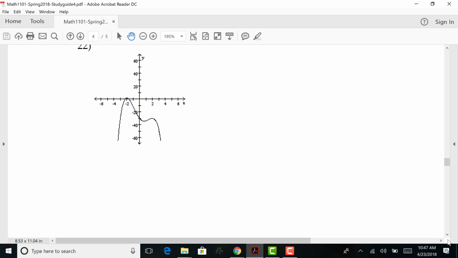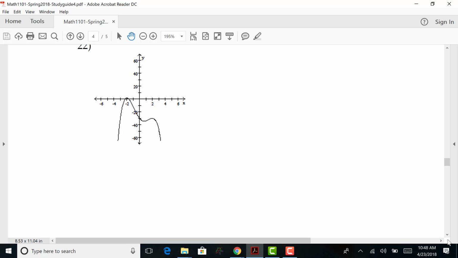Cubic looks like this. How many turning points do cubics have? 2 or none. So for quartic, I'll call these turning points, either you have 1 or 3.